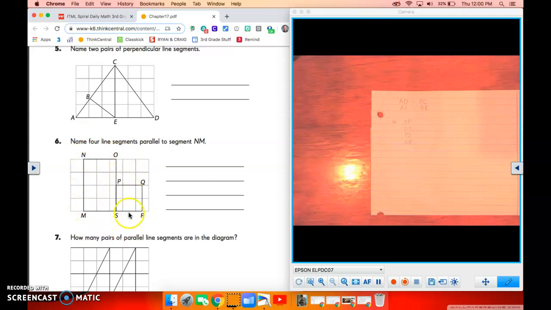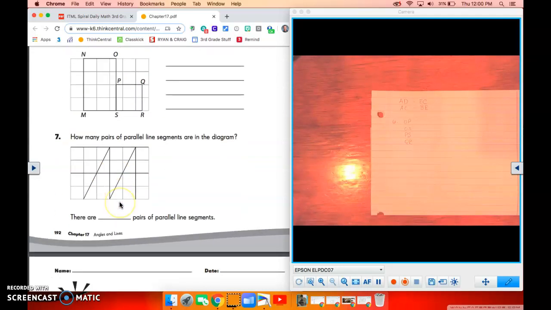This one's tricky because you might think of it as maybe OP or maybe OS. QR is pretty simple. But there are actually 3 different line segments found just in this part of the problem. We have OP, which is just the little one here, and then OS, which is the big one, and we have PS.